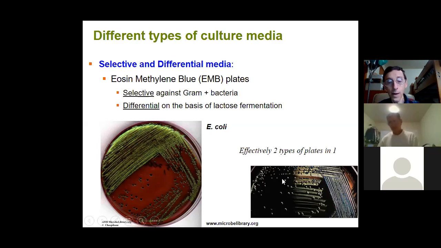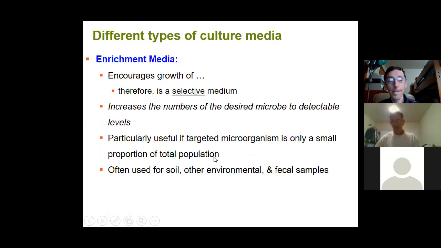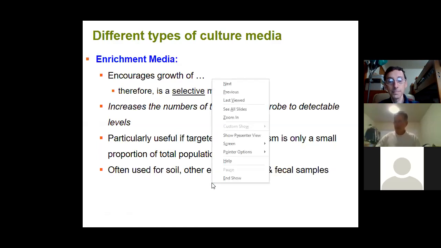But this one is all white, and that's because it's not fermenting the sugar lactose, and so it's not becoming dark. Any questions about why eosine methylene blue is both selective and differential? All right.